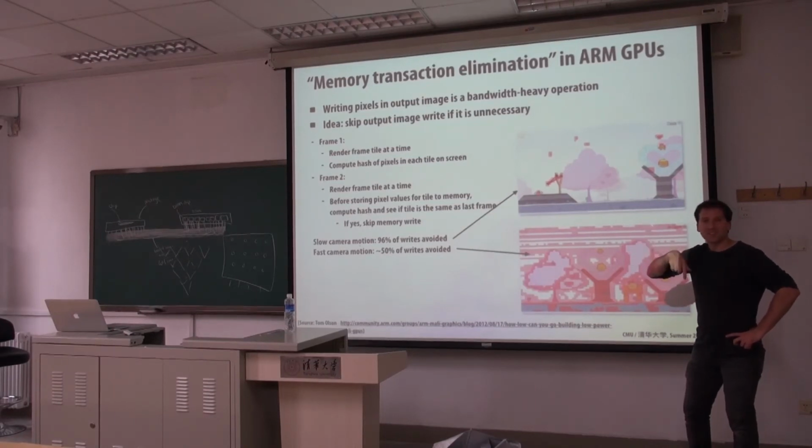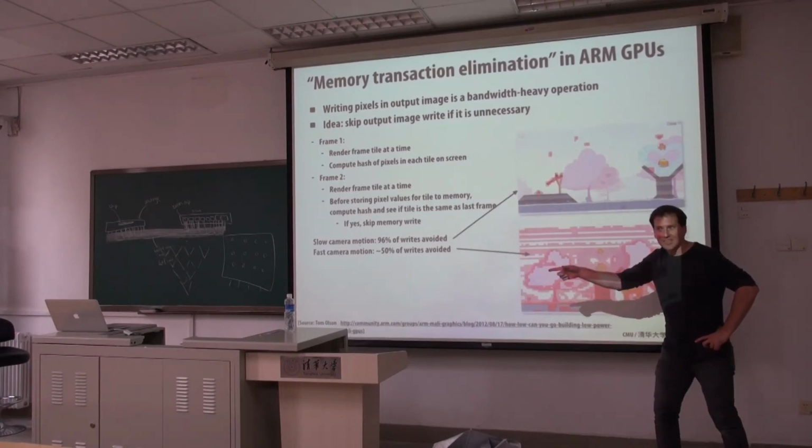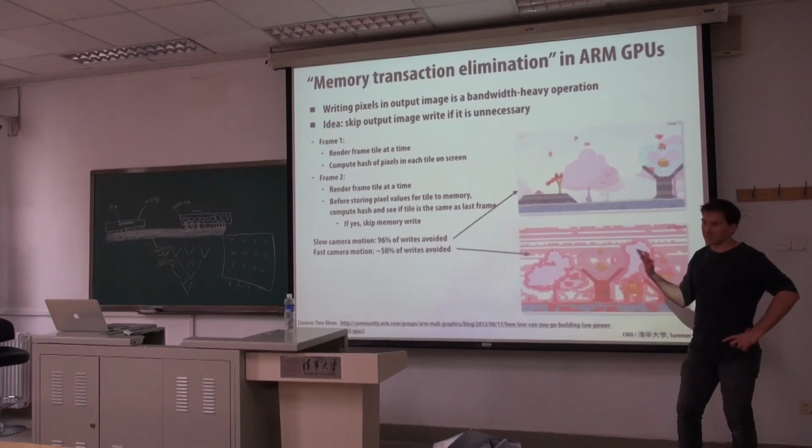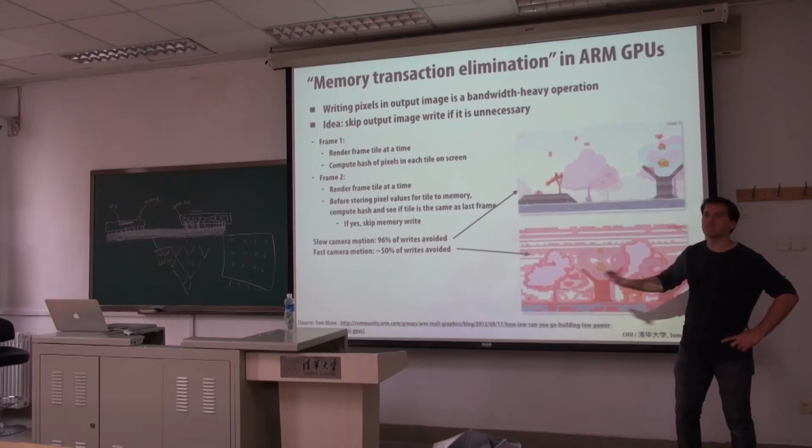Now in the next frame, when you go to write the exact same part of the screen, you do all the computation to figure out what color the pixels should be. And then you compute a hash of the new values. And if the new values hash to the same value as the old values, you assume it's the same color, and then the implementation of store is do nothing.